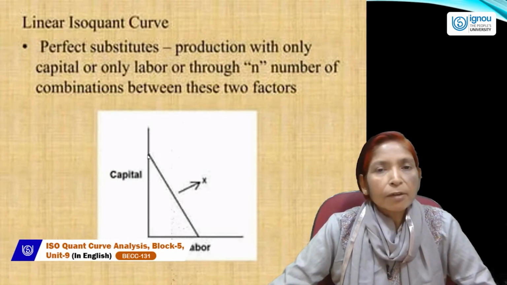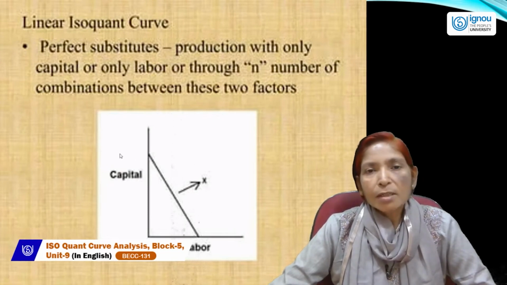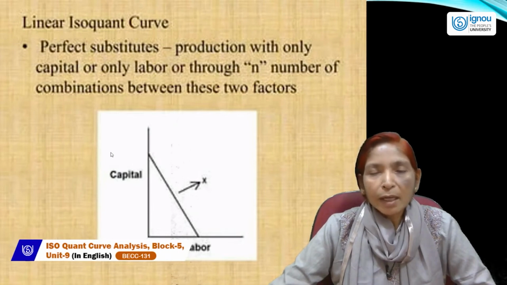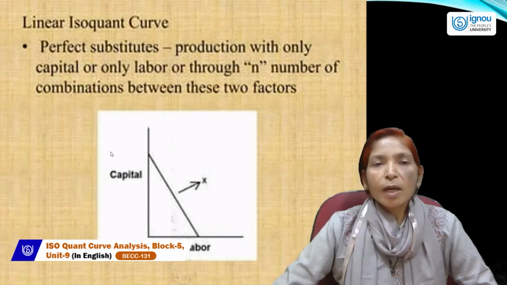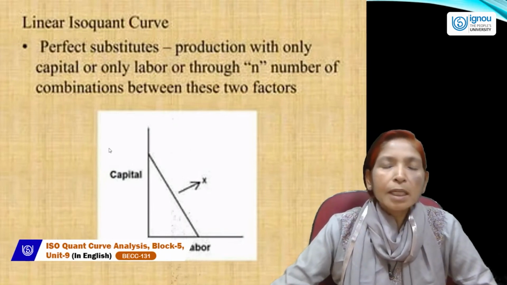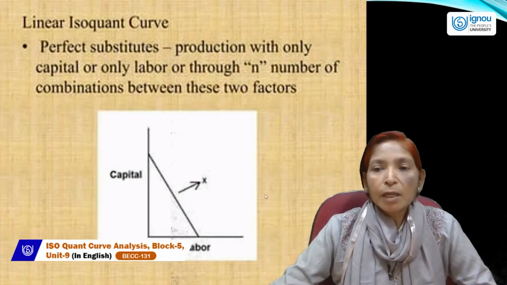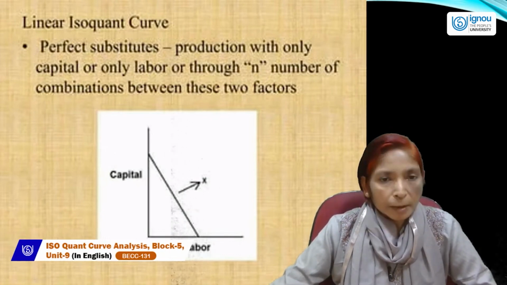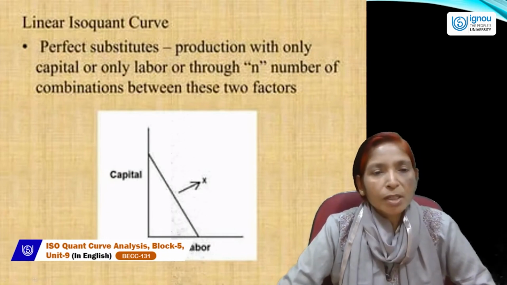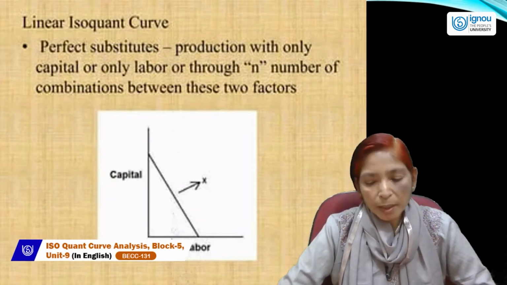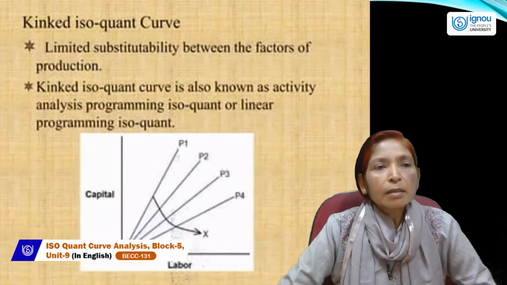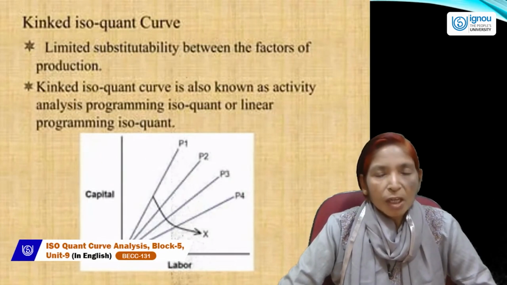And if we take different combinations of labor and capital input for producing output, in that case, if we join all the combinations, then we will get a straight line curve. So isoquant curve may be linear, but it will be applicable only in case of perfect substitutability, when factors of production are perfectly substitutable. Next is kinked isoquant curve.